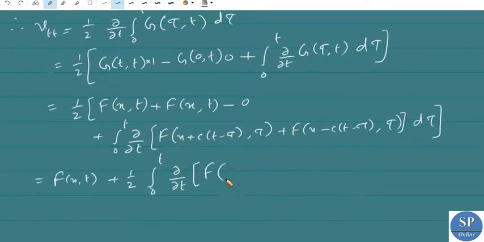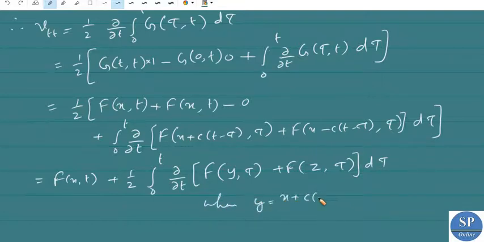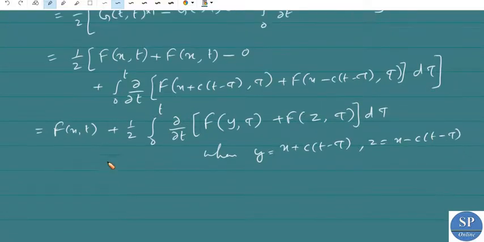So this is f(y, τ) + f(z, τ) dτ, where for convenience y = x + c(t − τ) and z = x − c(t − τ).